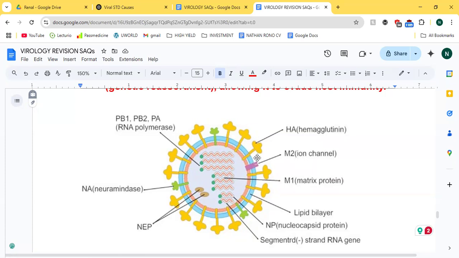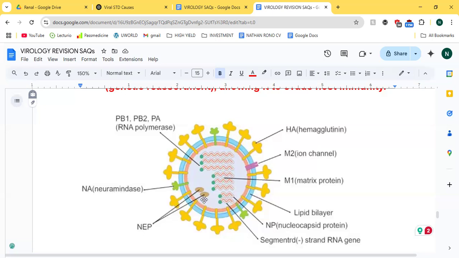Then we have the glycoproteins, hemagglutinin and neuraminidase. And then we have the RNA polymerase: PB1, PB2, PA. And then we have the lipid bilayer. Here it is. So that is the structure of influenza. NEP, this is the nuclear export protein.